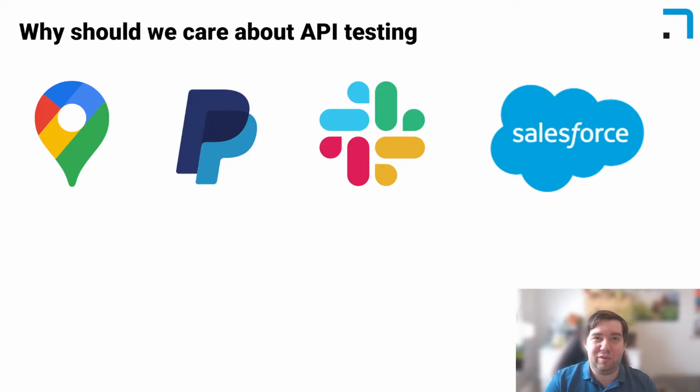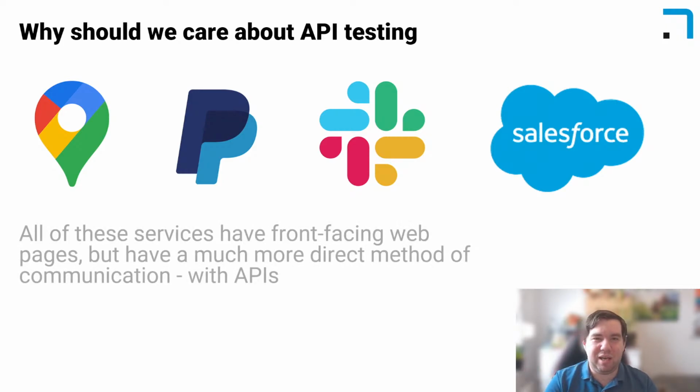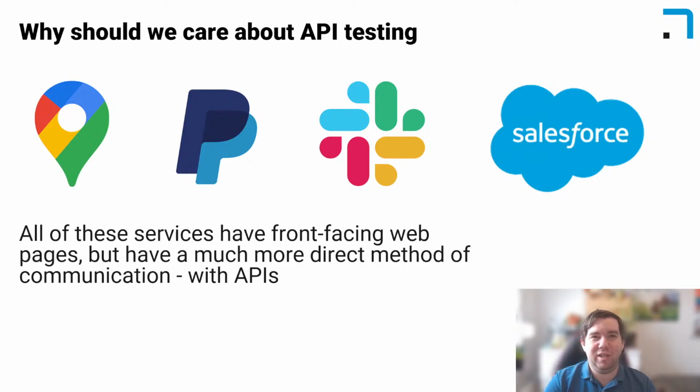And whilst all these services do have front-facing web pages for how we can interact with them, there are also APIs behind the surface that provide a far more direct method of communication, and I'd say consistent too. So we should use these APIs, and importantly, we need to test these APIs to make sure that they function as expected and they work just how we want them to.